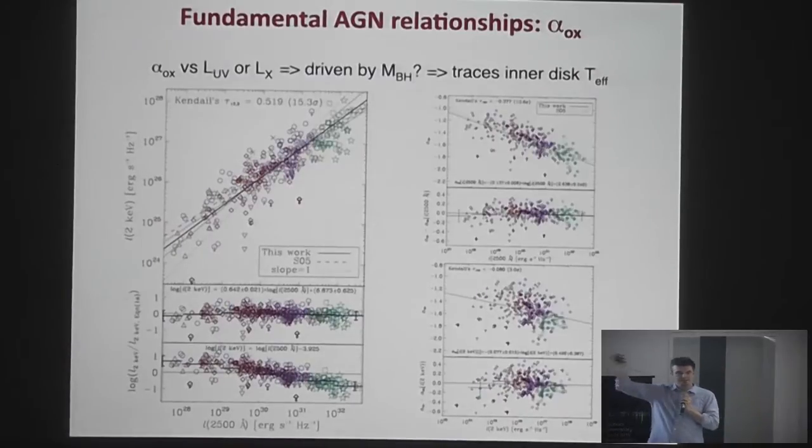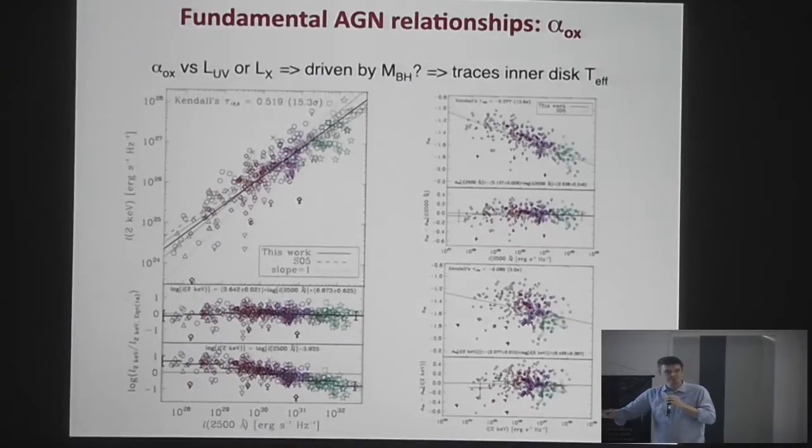So the slope between the X-ray and the optical, and we call that alpha OX. And we can compare alpha OX versus luminosity, either the optical luminosity or the X-ray luminosity, and you see that there's a nonlinear correlation here. It's linear, but it's not uniform, or it's not one.